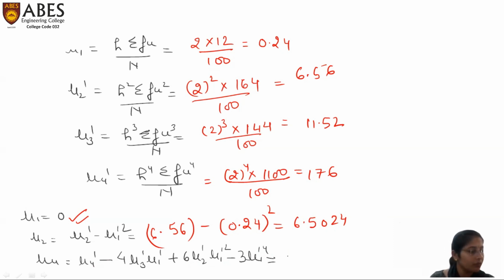Put all these values. So we will find it to be 167.197. So these are the mu2 and mu4 about the mean, and it is a problem based on the short method to find the moments.